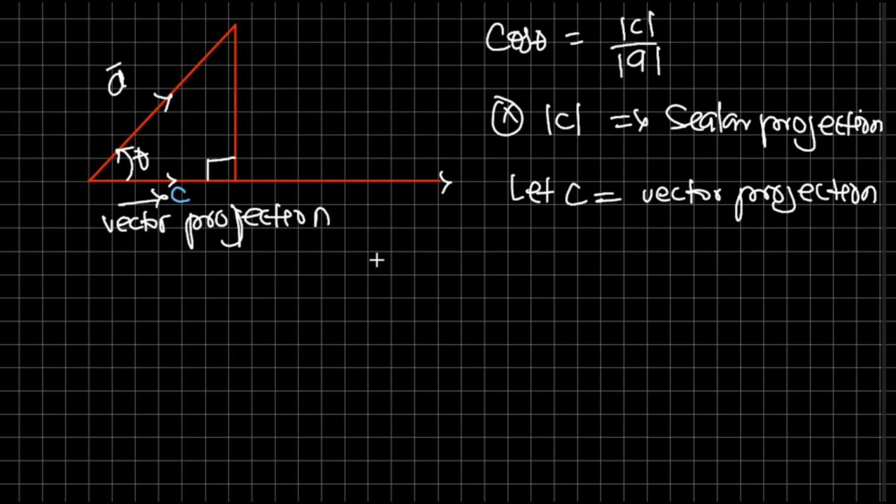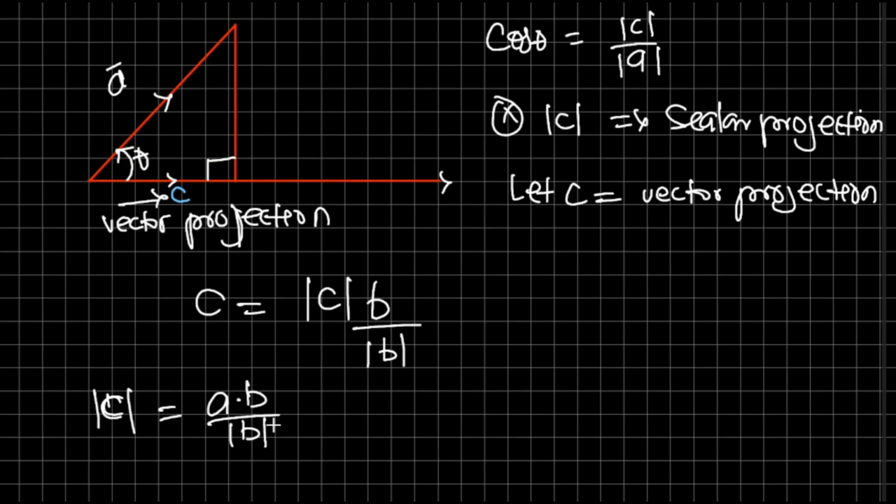Then what will C be? C is going to be the magnitude of C multiplied by B all over the absolute value of B. So this is how to compute that. And of course, we know that the magnitude of C is equal to A dot B all over the magnitude of B, right?